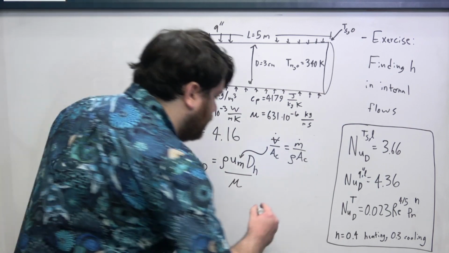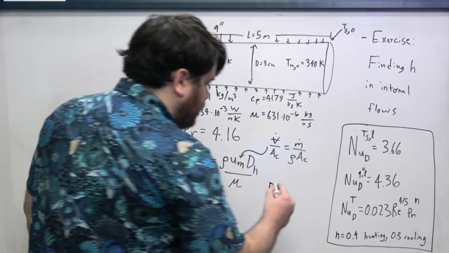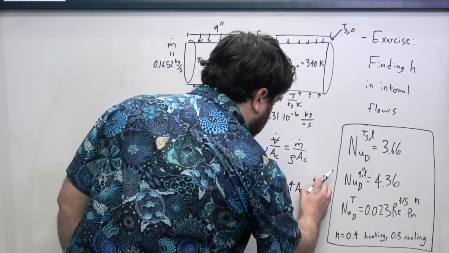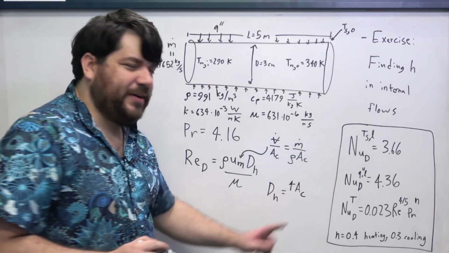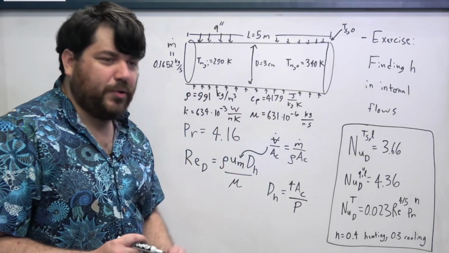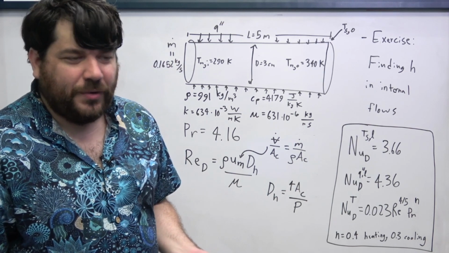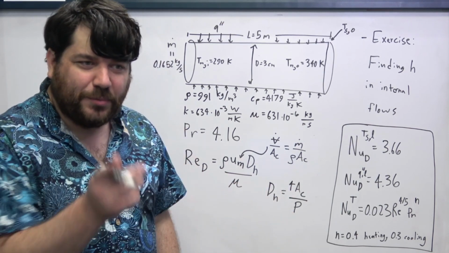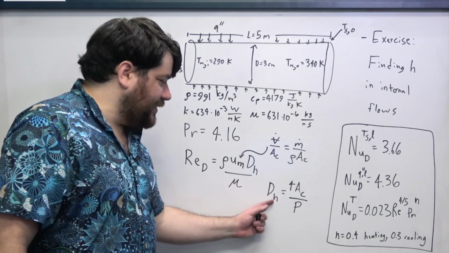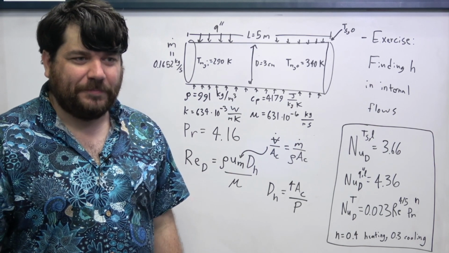And that hydraulic diameter is usually defined to be 4 times the cross-sectional area of the object divided by the perimeter. Okay, so if you have a square, you can find the cross-sectional area of a square, multiply it by 4, and then divide by the perimeter of the square. And you get this hydraulic diameter, and that's what you use to calculate the Reynolds number through this system. Okay?